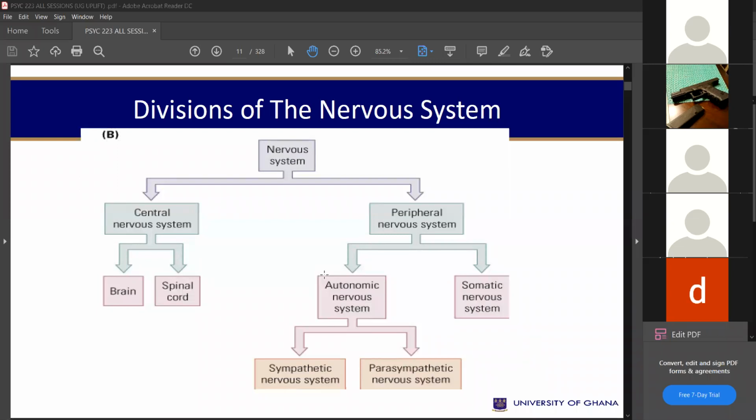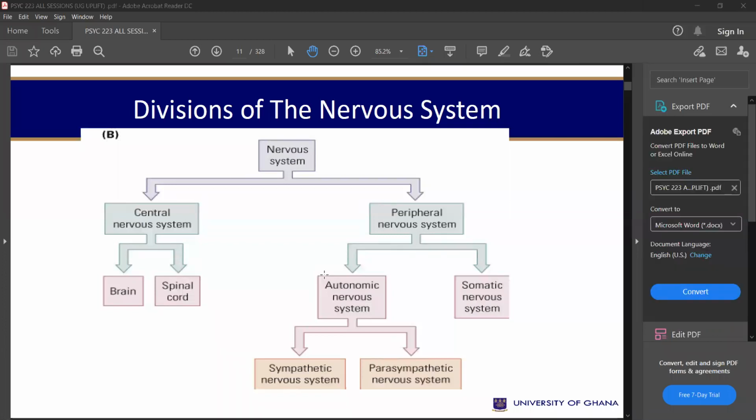Then me saying that your pupil dilates, what happens this time around? Your pupil will begin to constrict. Then your gastrointestinal system being inhibited, with time, it will then begin to be activated. So all the things you say under sympathetic, you just give out the opposite, and you are done.